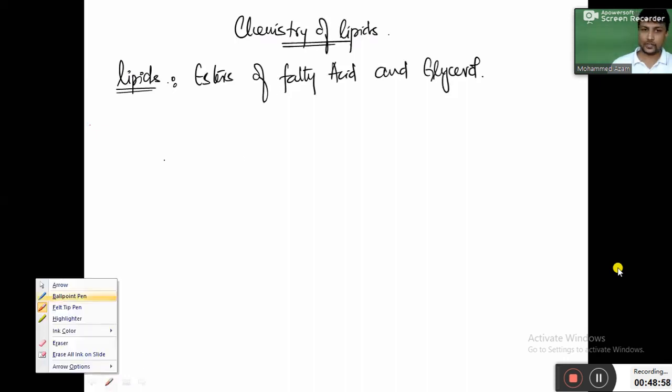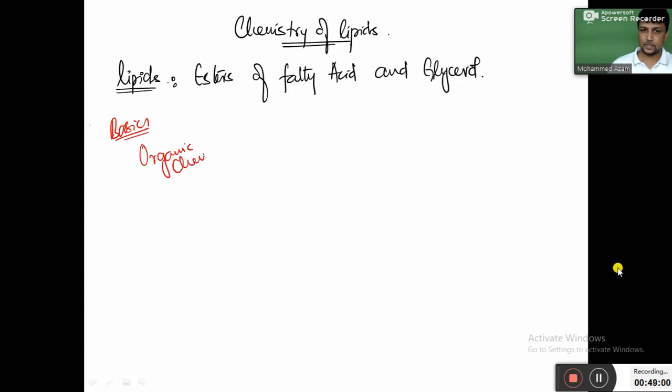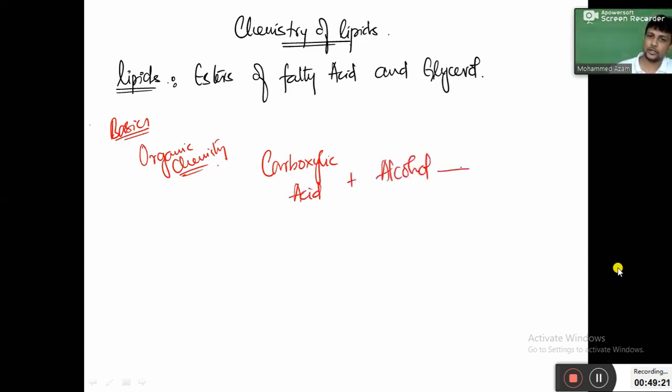One of the basic rules in organic chemistry is that when a carboxylic acid reacts with an alcohol, these two react together to form an ester. This reaction is known as the esterification reaction.